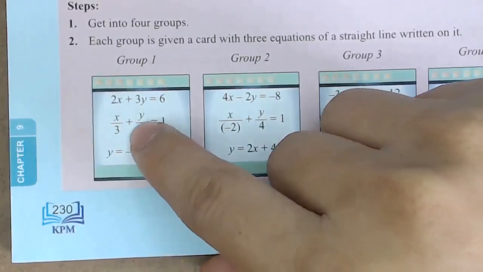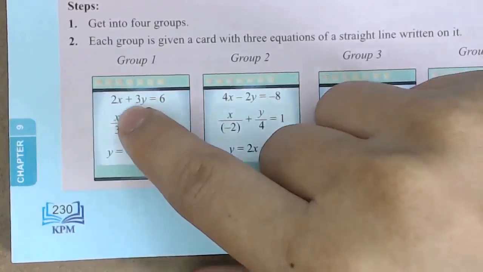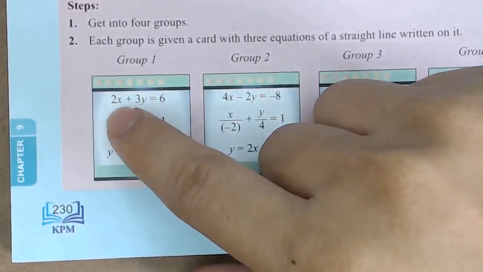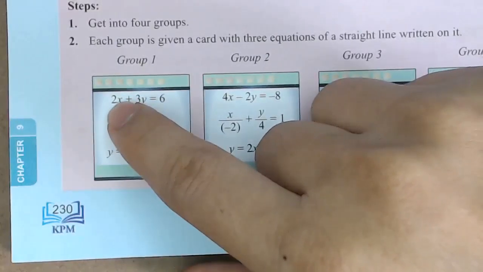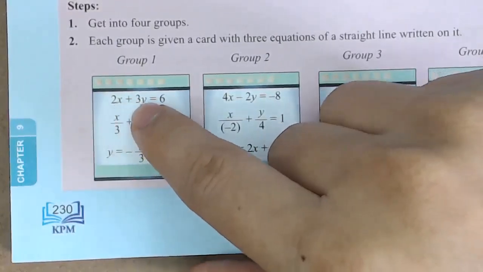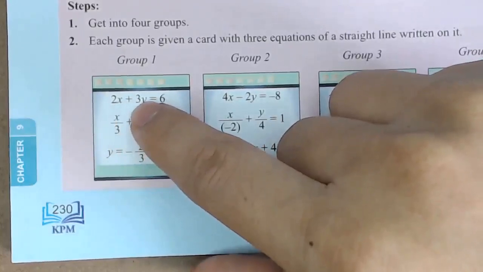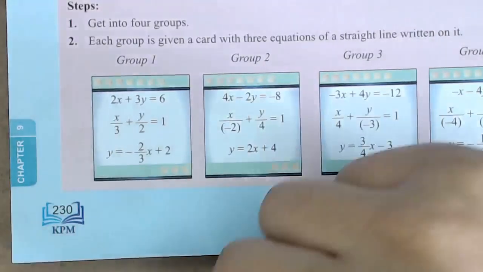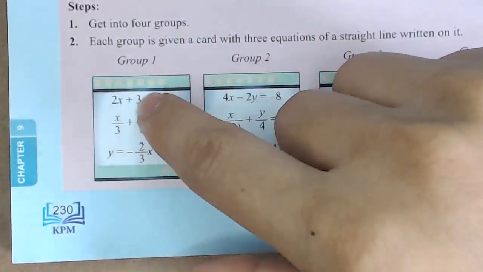When we transform this form to this form, you see the y-intercept is attached to this x, while the x-intercept is attached to this y. You got the idea? They interchange.